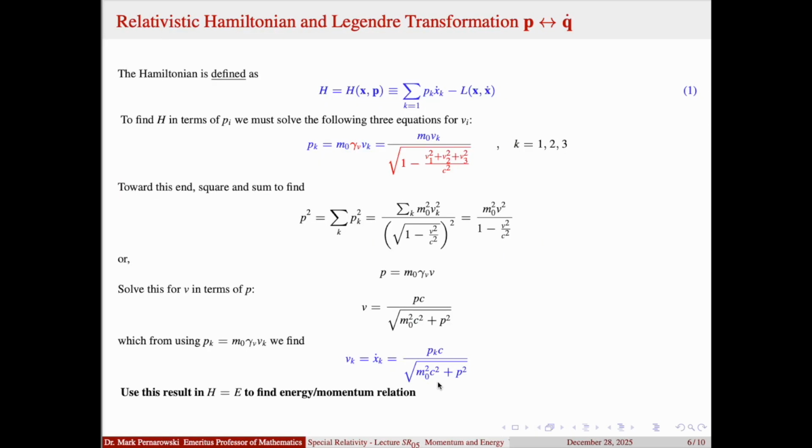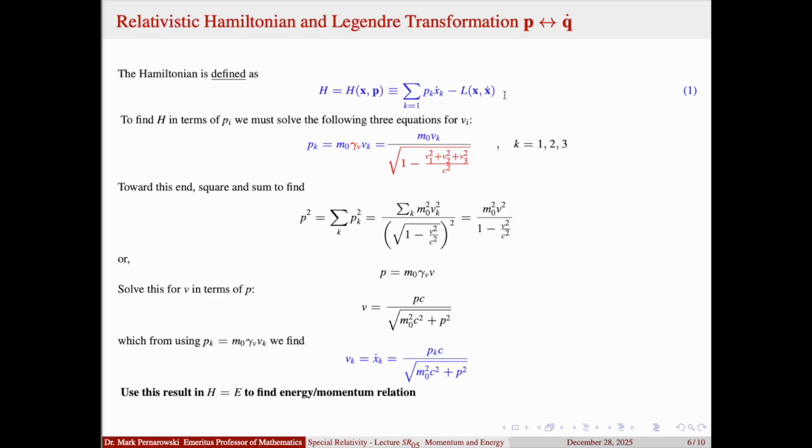How do we get the energy relation? Well, you have to know a little bit about Hamiltonian mechanics, but just accept this first thing and the rest will follow nicely. The Hamiltonian of a physical system is a function of the position and the momenta. And it's defined, that's what this triple equal sign means, to be the sum of the momenta times the velocities over all three components minus the Lagrangian.